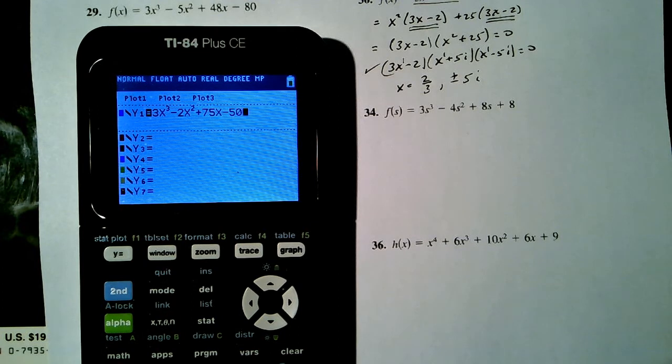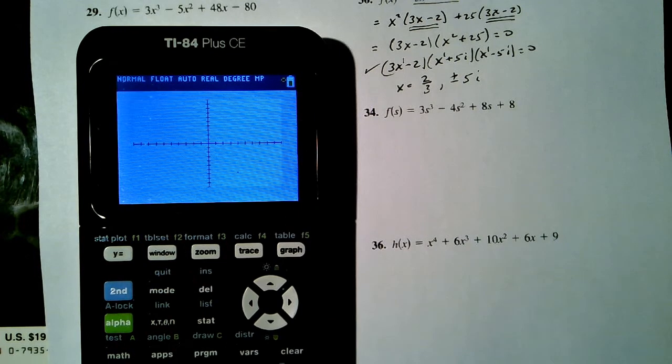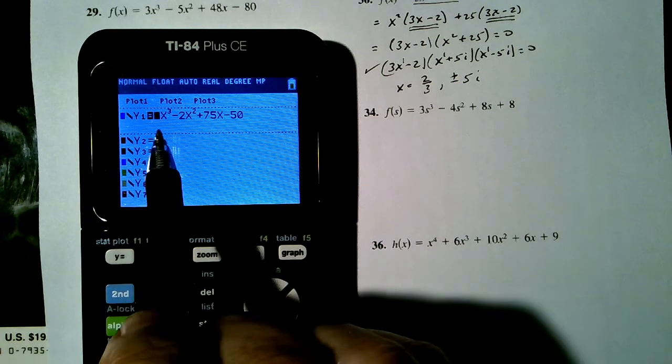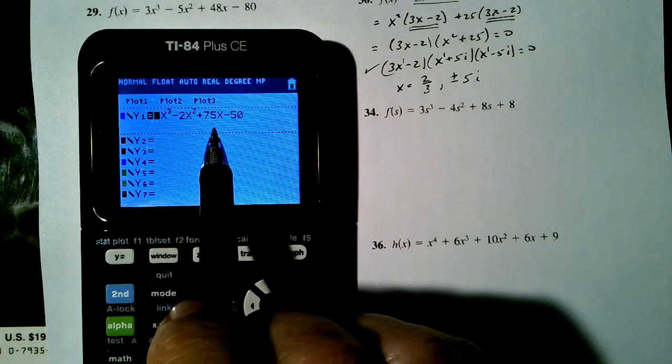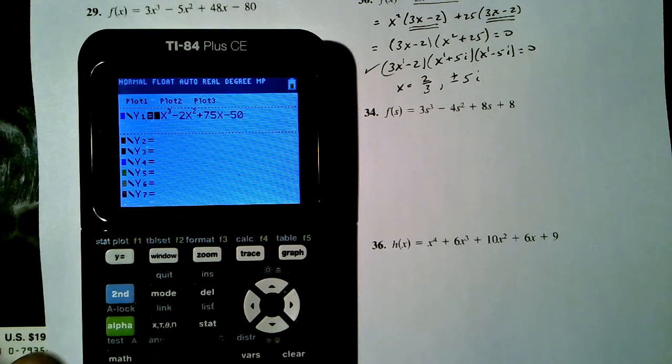We have some decent sized numbers there, but I'm still going to give Zoom Standard a chance. I'm looking for zeros here. And I've got one. I'm going to double check my equation. 3x cubed minus 2x squared plus 75x minus 50. Oh, that's the wrong one.